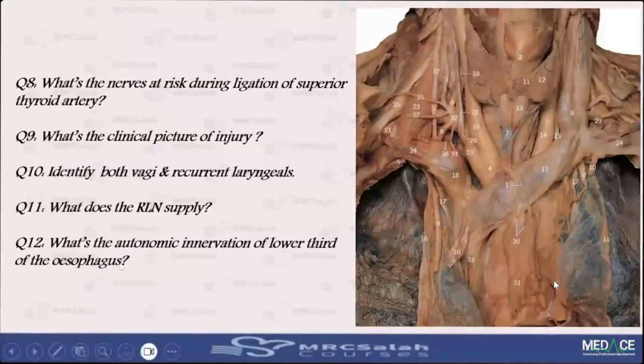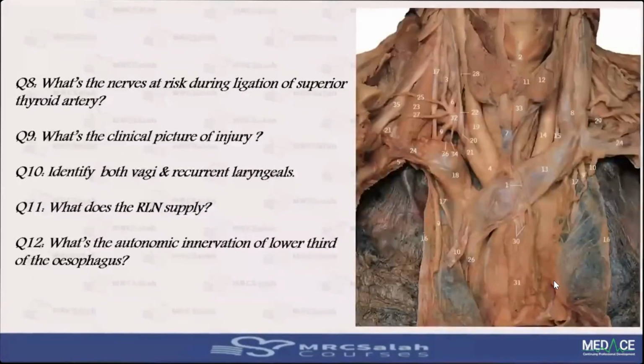Sympathetic plexus. Sorry? Esophageal plexus. Yes. But what type of supply comes to the esophageal plexus? Mainly from the vagal trunks, mainly the posterior trunk.